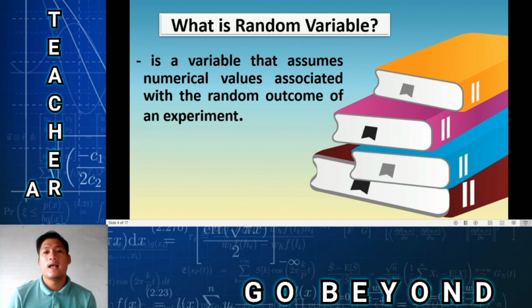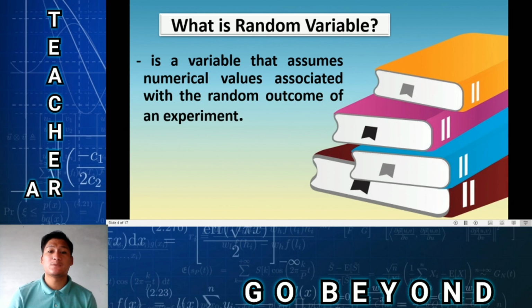Meaning to say, the values of the random variables are dependent on an experiment. Experiments such as throwing a coin, throwing a dice, and drawing a card in a standard deck of cards. Again, the value of a random variable is dependent on an experiment.